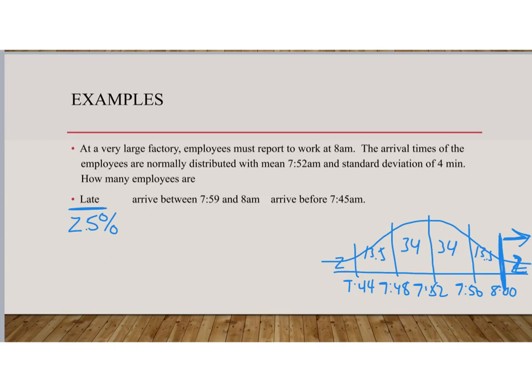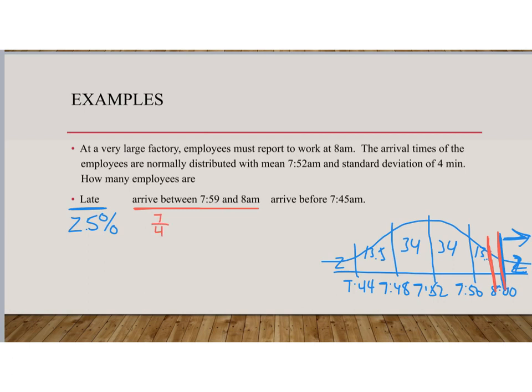All right, arriving between 7:59 and 8 a.m. Here's 7:59, which would be about right here. And 8 a.m. is right here. So 7:59, if I standardize that score, 7:59 minus 7:52 is 7.